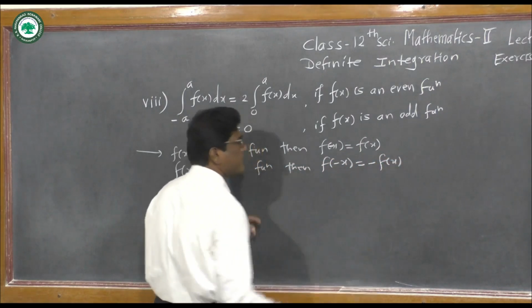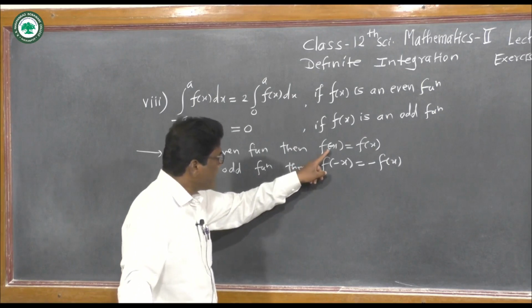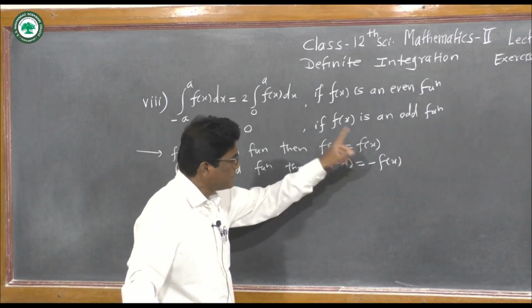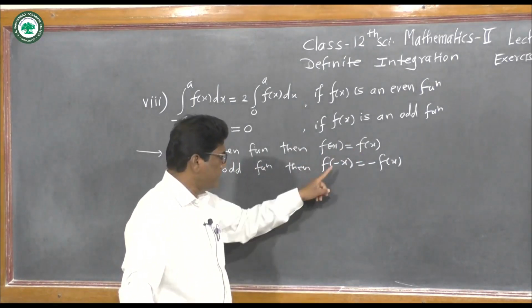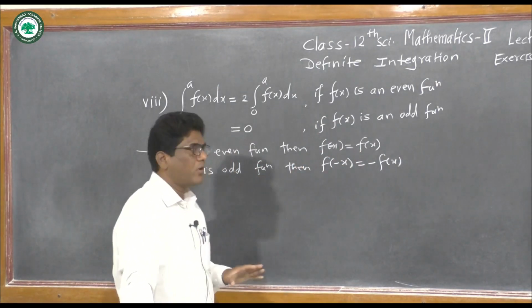These are the definitions of even function and odd function. If f of minus x is equal to f of x, then the function is even, and if f of minus x is equal to minus f of x, then the function is odd.